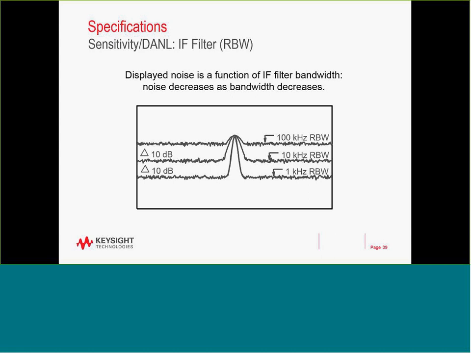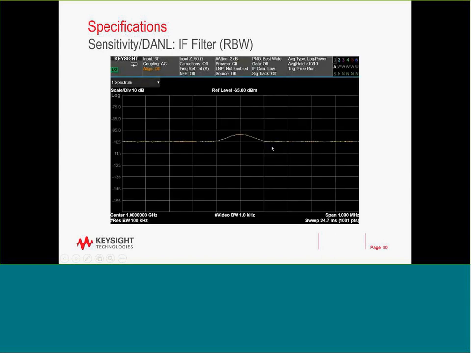Another way to lower the display average noise level is to use a narrower resolution bandwidth. The noise is mainly thermal noise, and it's coming from the IF amplifier. By adding a narrower filter, you reduce the power of the noise going through the filter. So if I reduce the resolution bandwidth filter by a factor of 10, then I lower the noise by about 10 dB. So here are some measurements for you.